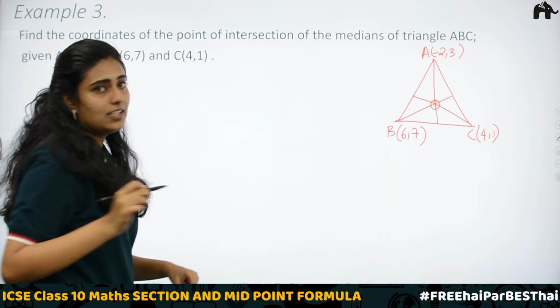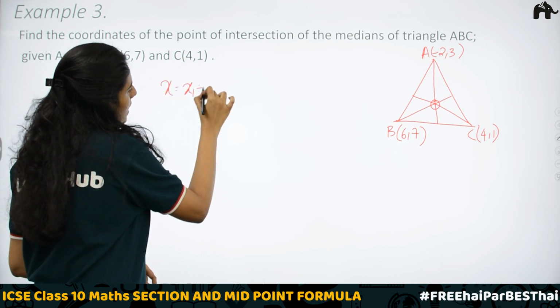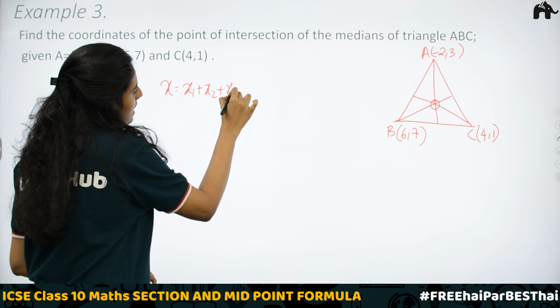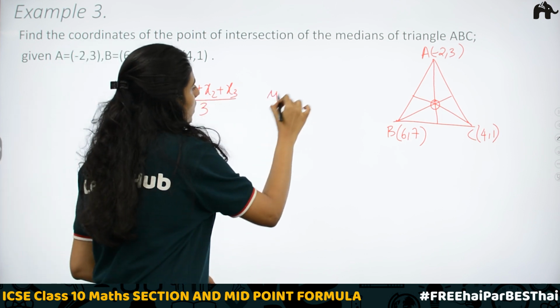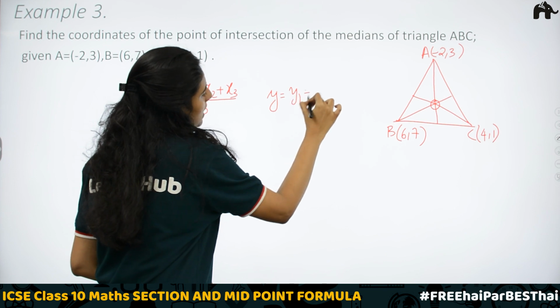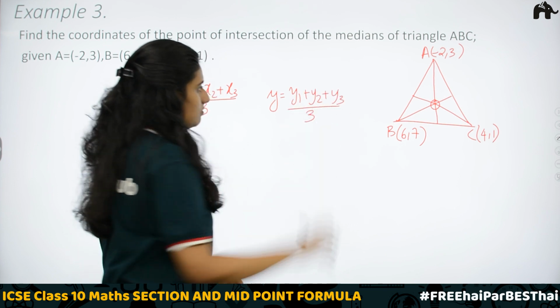How to find the coordinates of centroid? We have x is equal to x1 plus x2 plus x3 divided by 3 and y is equal to y1 plus y2 plus y3 divided by 3.